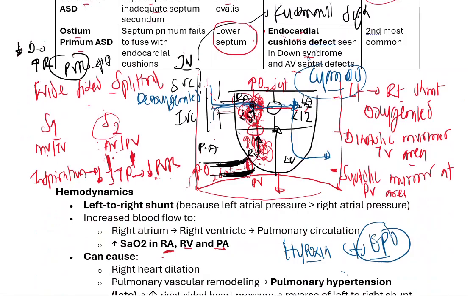For instance, let's say somebody already developed pulmonary hypertension, whereby now the blood is having trouble going into the pulmonary system, and the only way the blood can go through is to move from the right to the left. And now you decide to go and close this. That could create more problems for the patient.